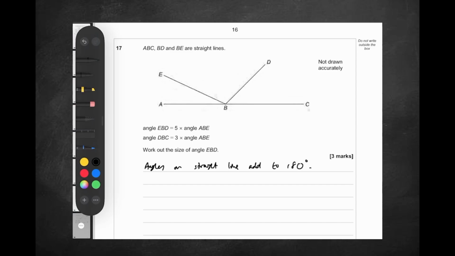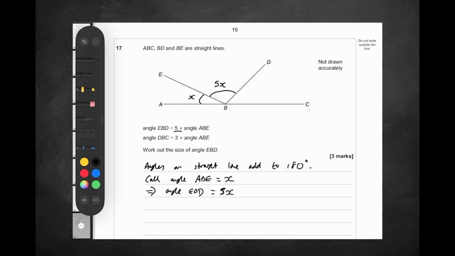So we've got angle ABE here, we were going to call X. So call angle ABE X. Then we know that EBD, which is this angle here, is 5 times angle ABE. So that is going to be 5x. Therefore, angle EBD equals 5x.